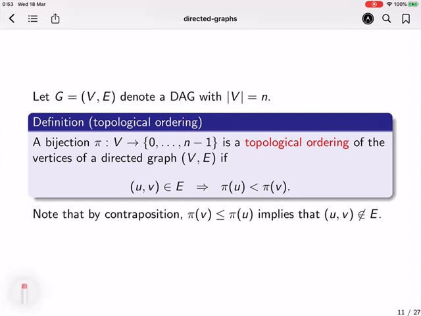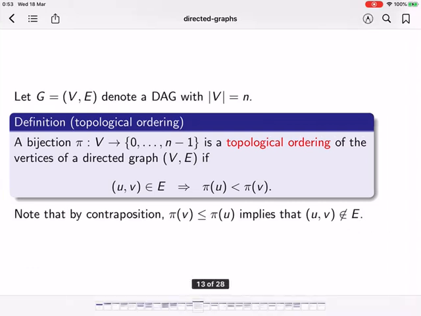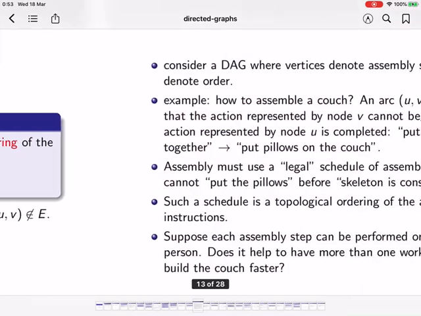Okay? And we already saw that by contraposition, this means that if π(v) is less than or equal to π(u), then (u, v) is not a directed edge. So we have a new definition.